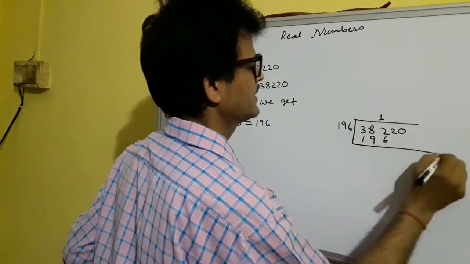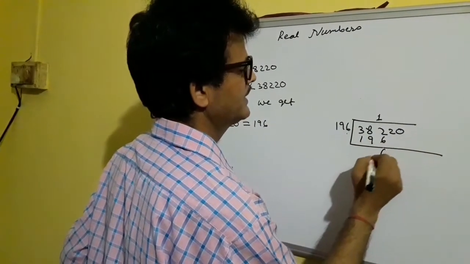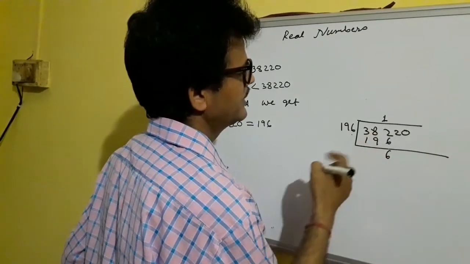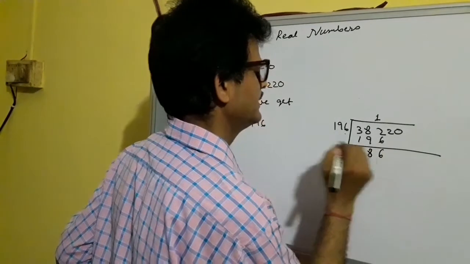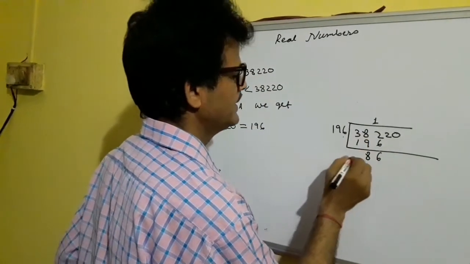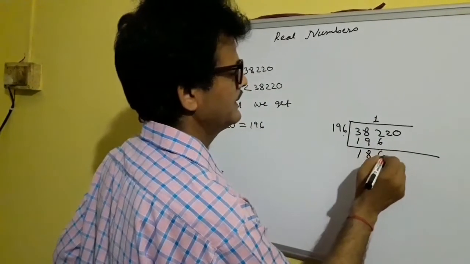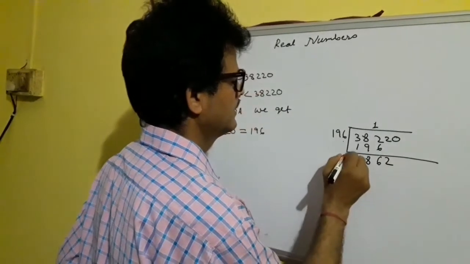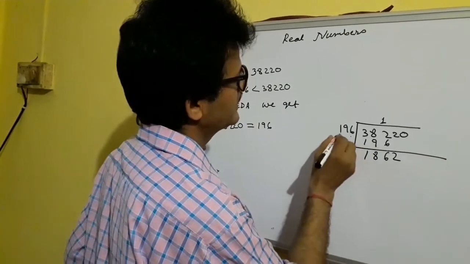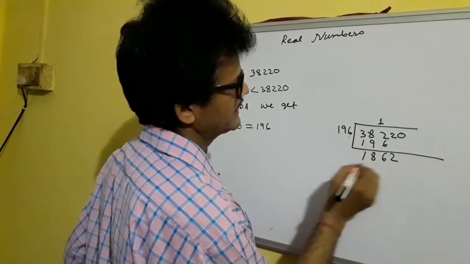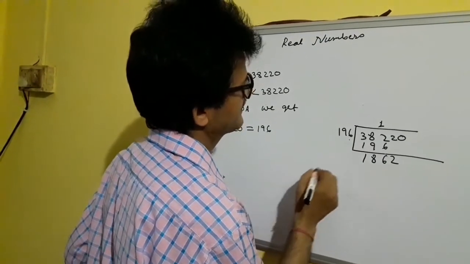196. So 12 minus 6, 6. Here left 7, 17 minus 9, how much? 8. Here left 2, 2 minus 1, 1. And again bring down 2. Again this time, how many times of 196 is 1862 or less?